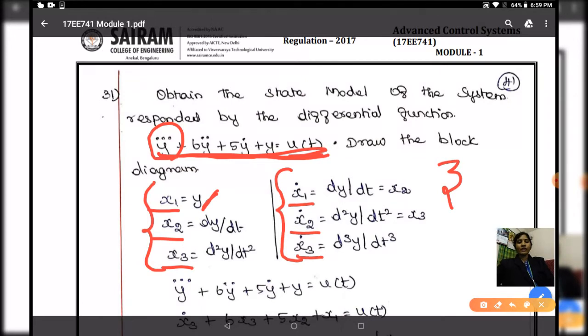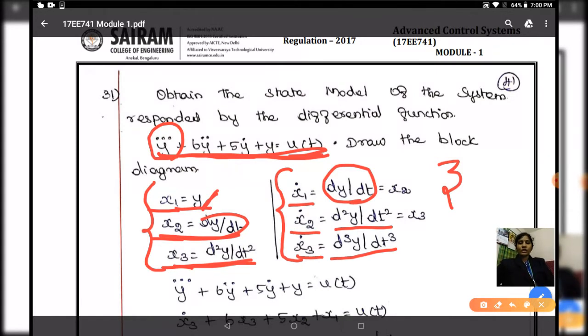If you differentiate x1, you will get dy by dt, and dy by dt is nothing but x2, so we can replace it with x2. x2 dot is the differentiation of this equation, so you will get d square y by dt square, which is equal to x3, so you can replace it with x3. x3 dot is the differentiation of this factor, so you will get d cube y by dt cube.